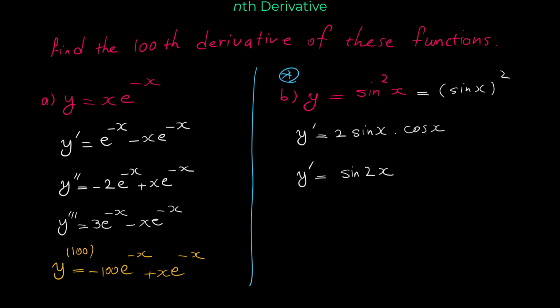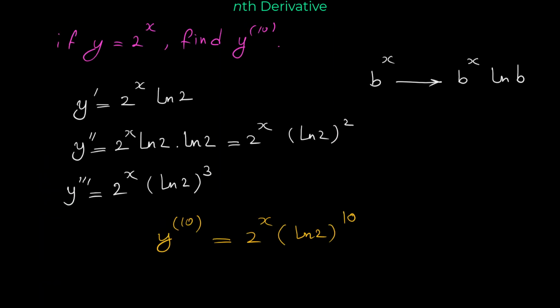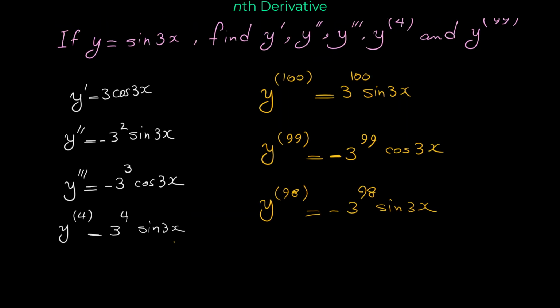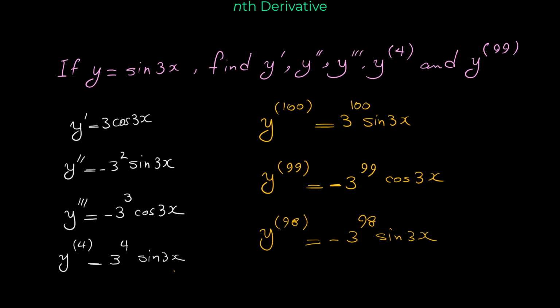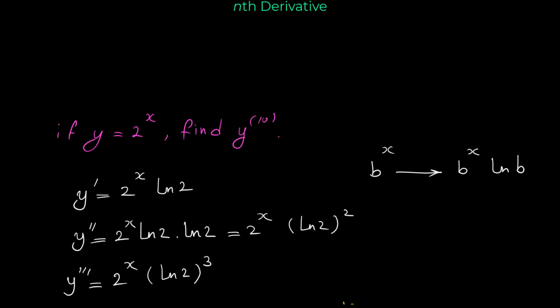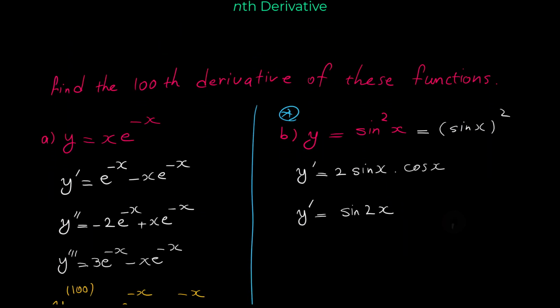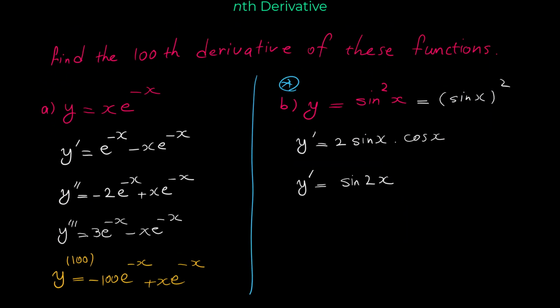Now we want to find the derivative of this. If you remember from the question that I showed you earlier, every 4 times that we take the derivative of sine or cosine, the derivative is itself. Now back to this question. We took the derivative once.